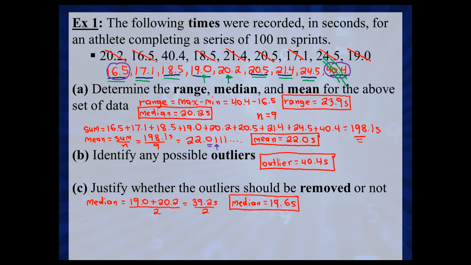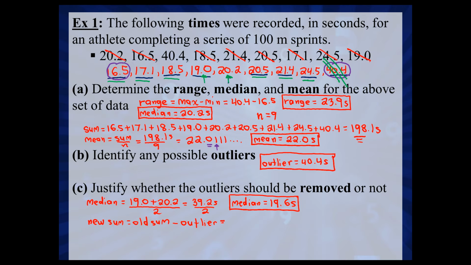And here's how we would do it. The new sum would be equal to the old sum. Subtract. Well, what's the difference between the new sum and the old sum? Well, the new sum doesn't have the outlier. So the new sum would just be the old sum subtract the outlier we have removed.